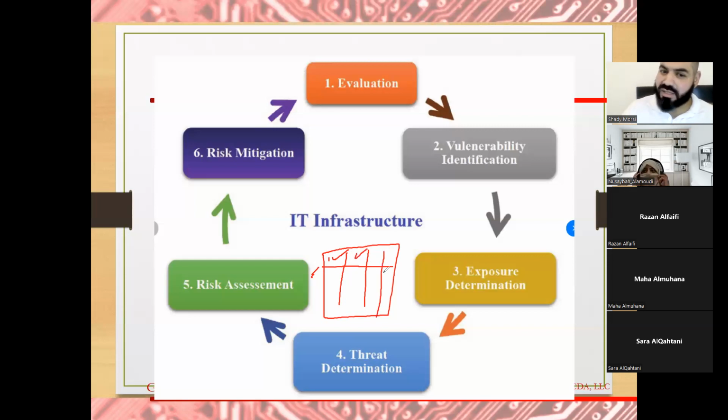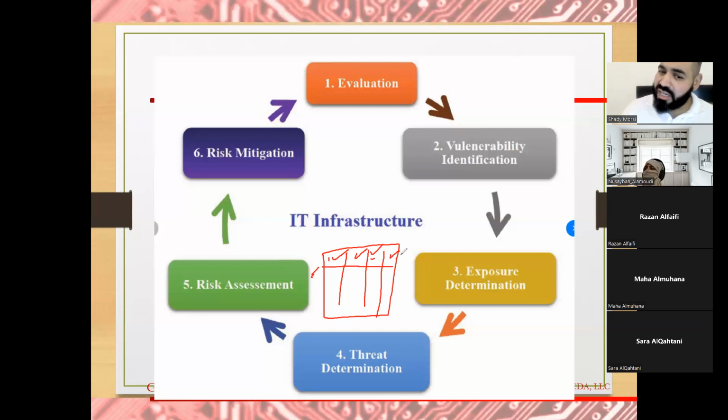The threats on this asset could be external or internal, natural or environmental, or human-made. And the vulnerability is that this database is running on an old Windows system, for example.